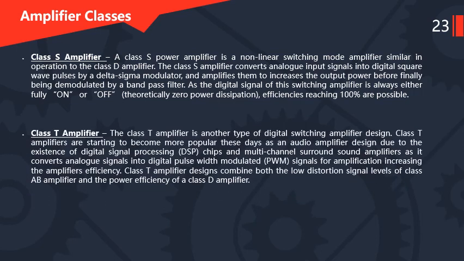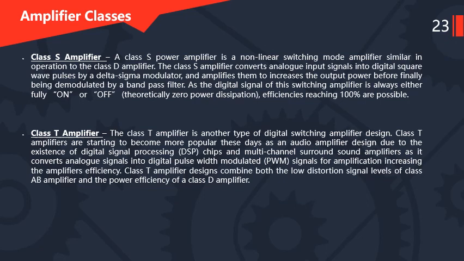Next, the class T amplifier. The class T amplifier is another type of digital switching amplifier design. Class T amplifiers are starting to become more popular these days as an audio amplifier design due to the existence of digital signal processing chips and multi-channel surround sound amplifiers, as it converts analog signals into digital pulse width modulation signals for amplification, increasing the amplifier efficiency.